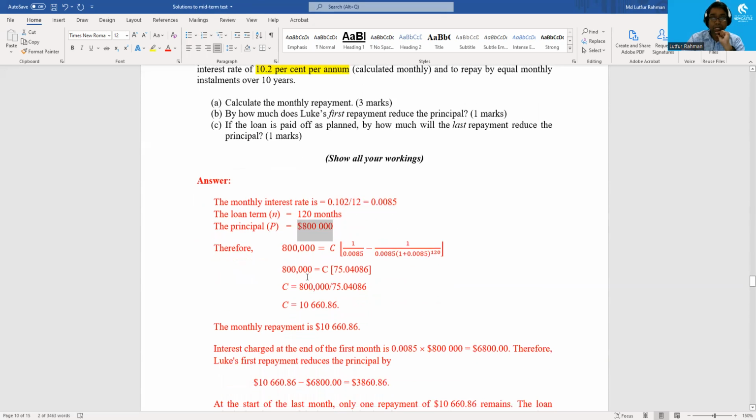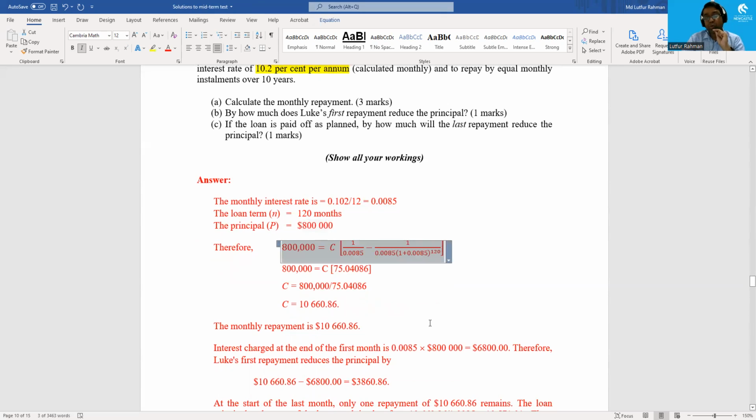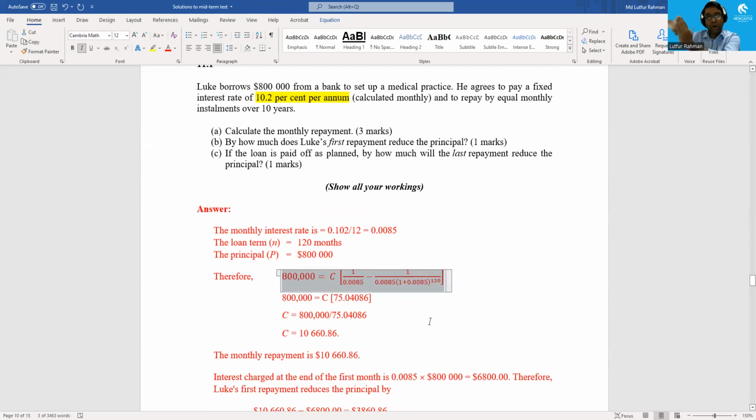Principal is 800,000. Then you need to set up this equation, because you know that the present value of all the installments should be equal to how much you are borrowing today. So 800,000 on the left-hand side, and this present value annuity factor equation on the right-hand side. We are given all this information, except we don't know the value of C, that means the value of each installment.